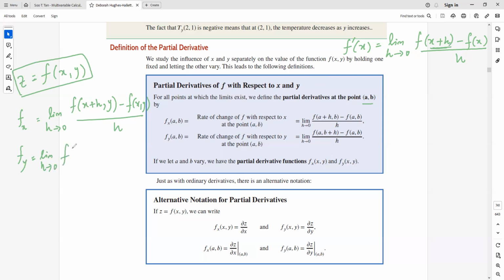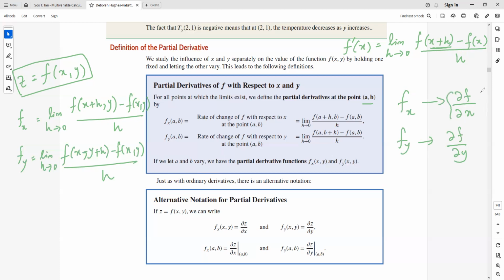And again, in the y direction, the change can be written as f of x comma y plus h minus f of x comma y divided by h. And the notation for this: f x, that is partial with respect to x, we can write as dou f over dou x. And for f y, we can write it as dou f over dou y. So this is the standard representation of these derivatives.